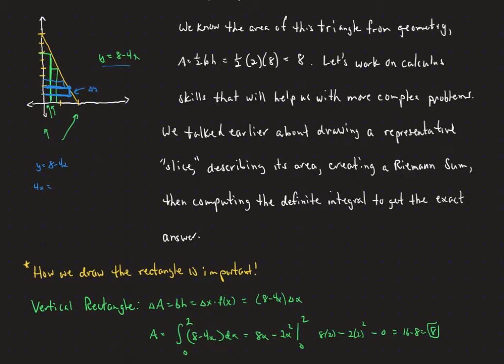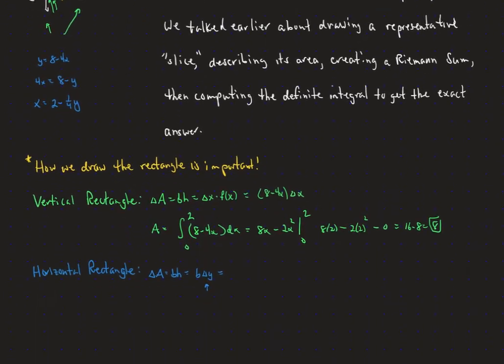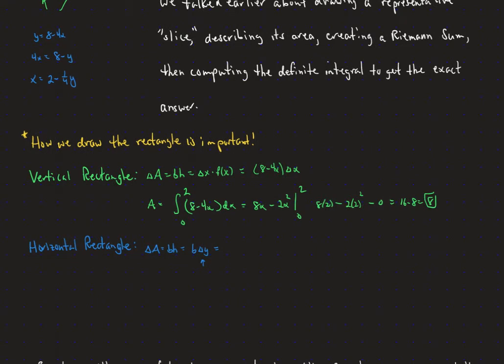I'm going to add the 4x, subtract the y, and then divide by 4, and it becomes 2 minus 1/4 y. That's going to be that horizontal distance, our base. So that's going to be 2 minus 1/4 y times our delta y.